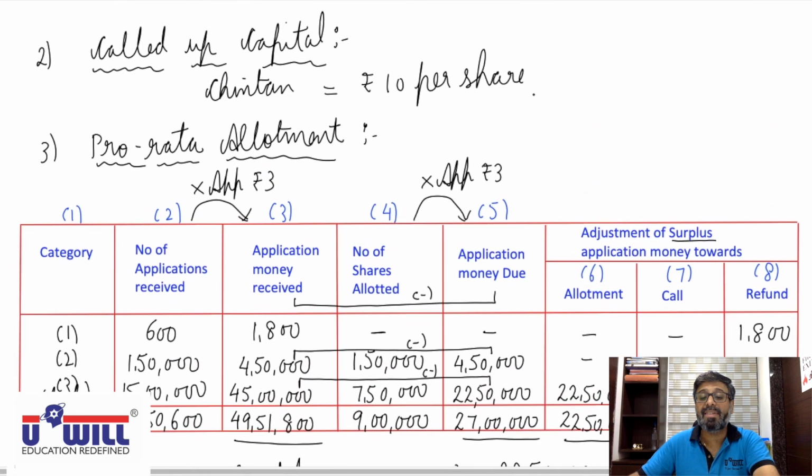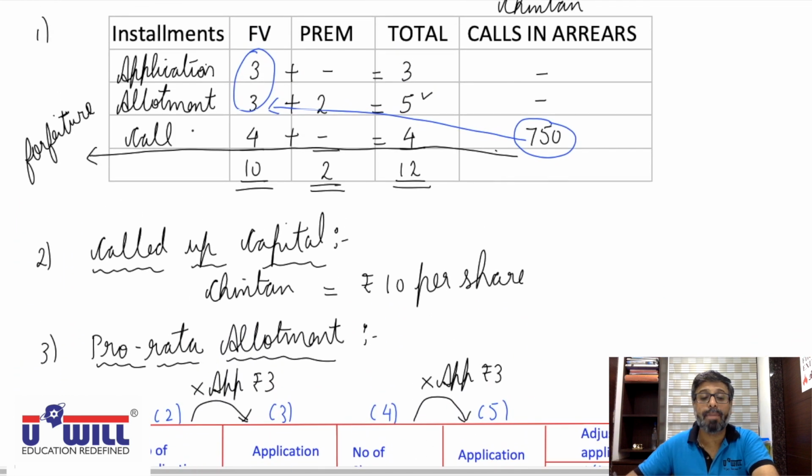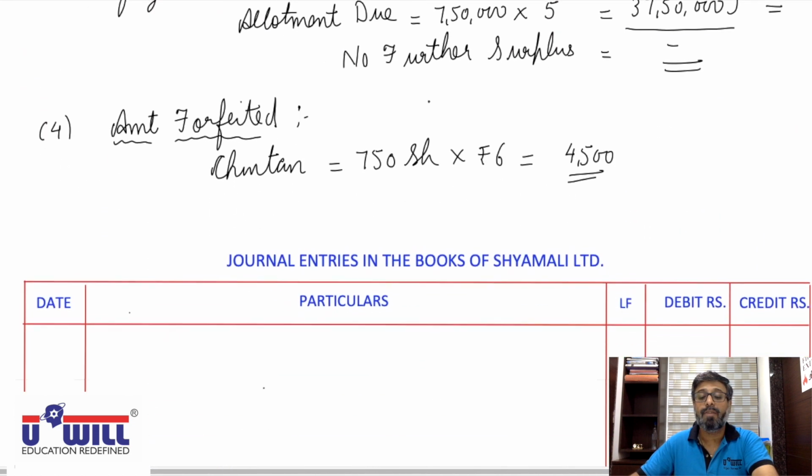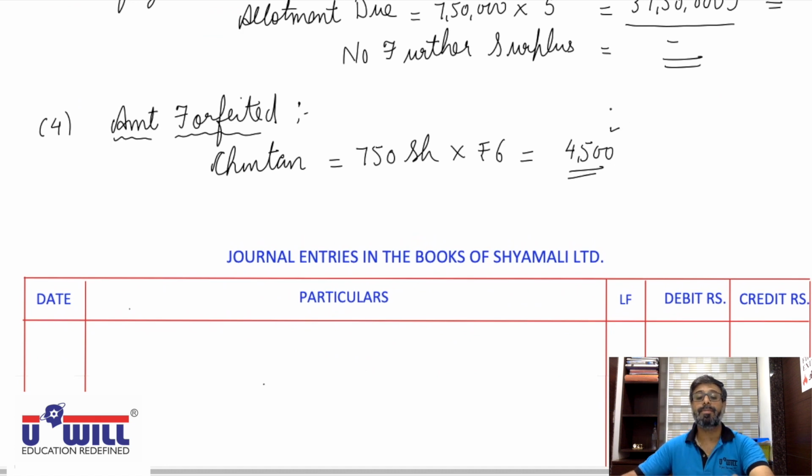Okay, on 750 shares Chintan has not paid call money, so what all he has paid will be forfeited. What has he paid? Not paid call means yes, paid application and allotment. That's why I told you cross multiply, easier to remember. So 750 into this 6 rupees, 4500 will be forfeited.